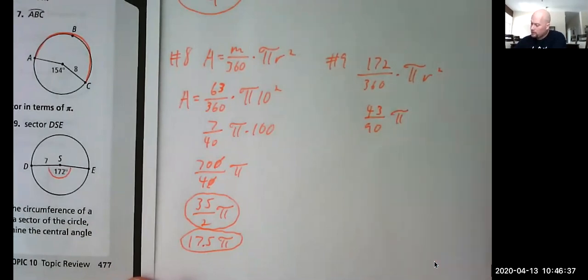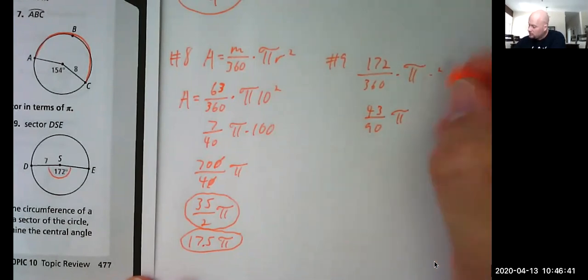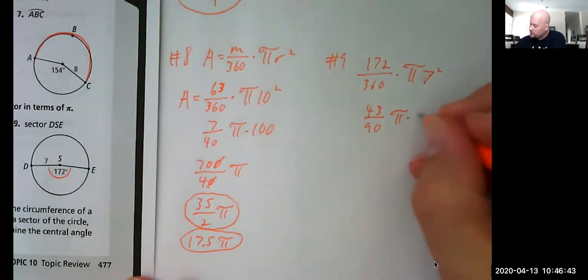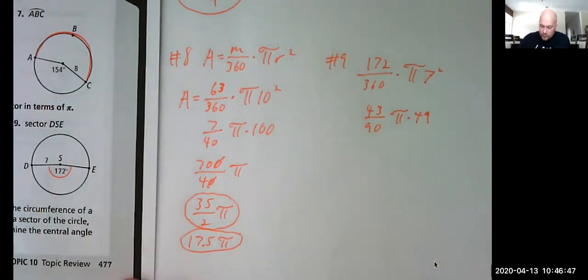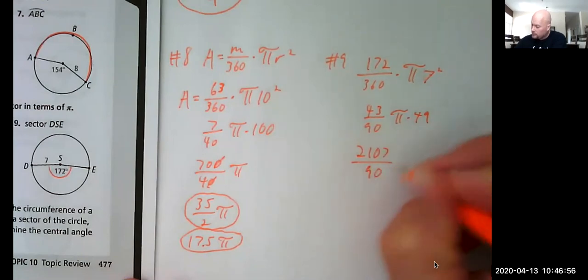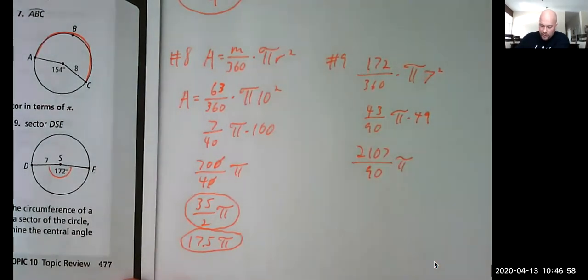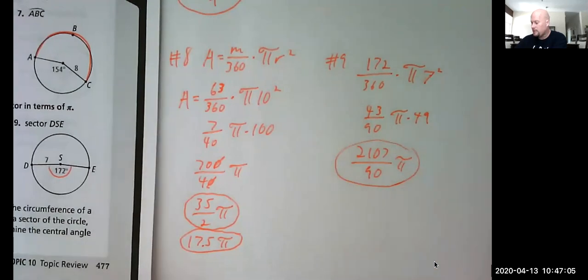The r, I forgot to plug that in. The r in this one was 7. So it's going to be 7 squared, which is 49. So now 43 times 49, that's 2,107 over 90. I'm not sure if that will reduce at all. Nope, that won't reduce. That's our final answer in terms of pi.